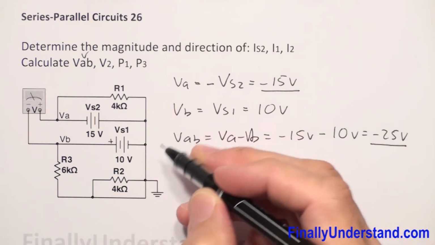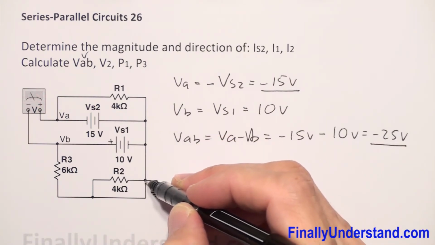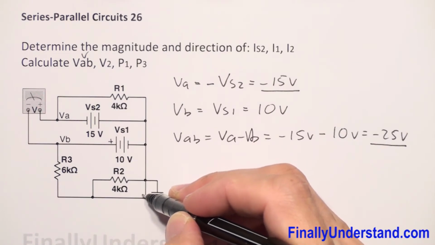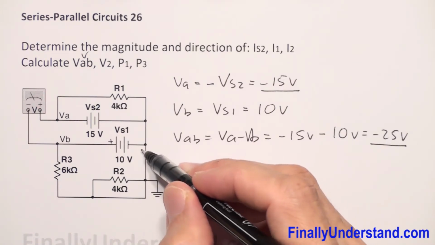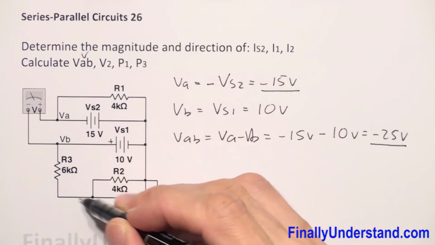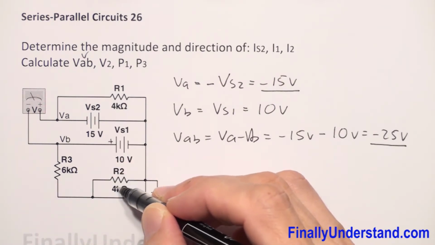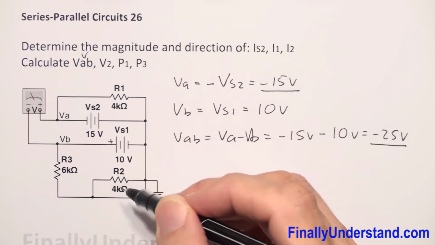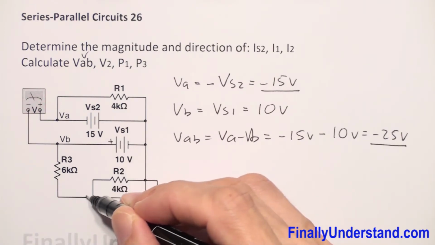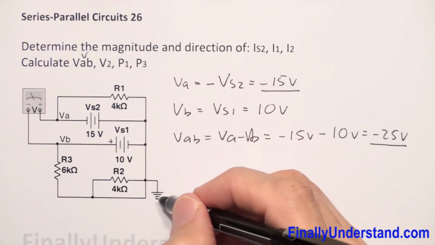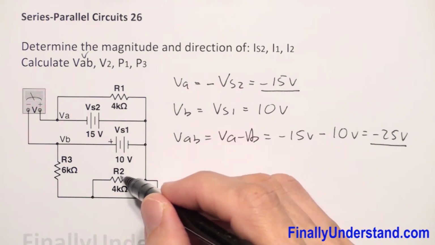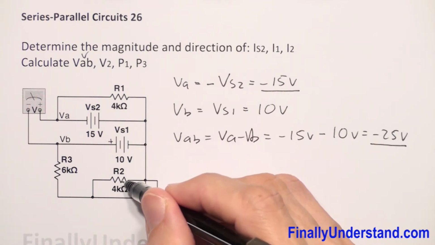Keep in mind that current is a very lazy guy, and if it has the option to go to the ground without any resistance, for sure it's not going to choose the path with the resistance. It's always going to choose the easiest way to reach the ground. That's why this resistor is going to be ignored by the current.